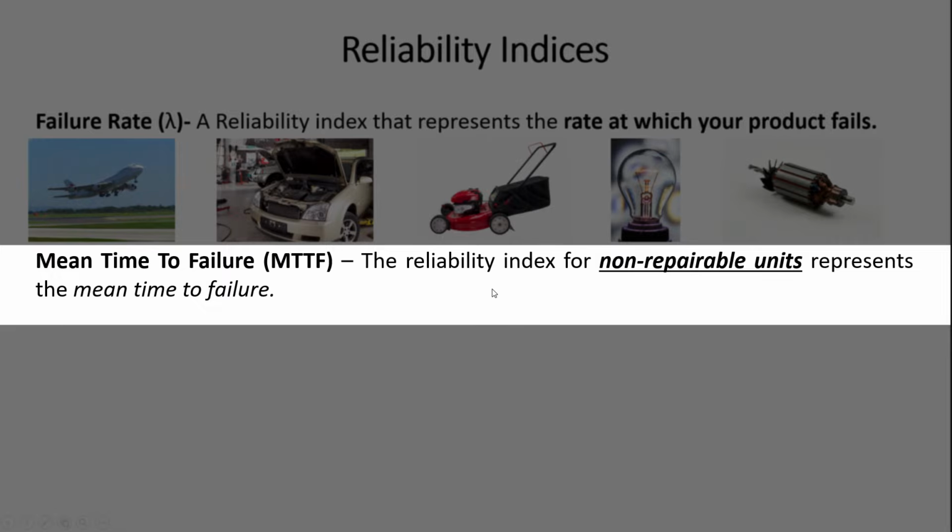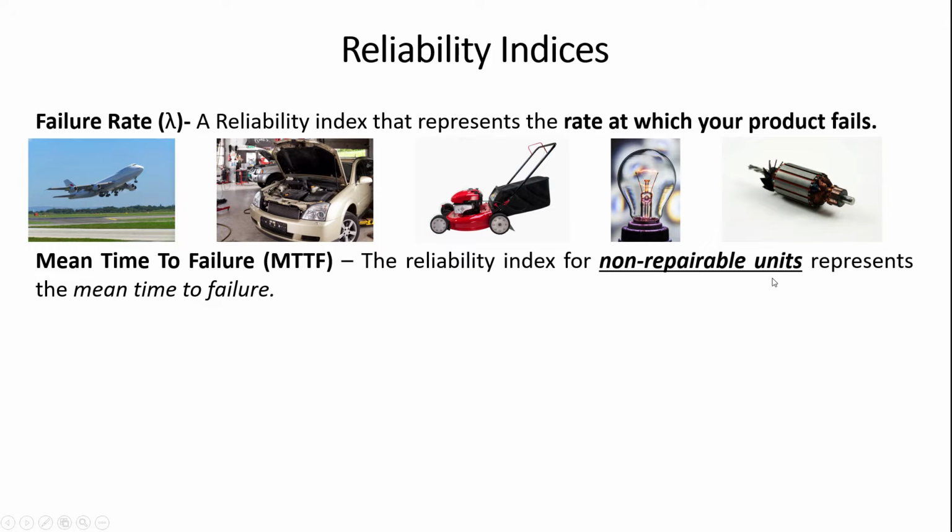Now, I want to explain this to you because this is a reliability index for non-repairable units. I want to make a huge distinction here because there are products that we make, and this light bulb is the perfect example. We make it, we start using it, we expect it to work properly for, let's say, 10,000 hours, and then when it breaks, we have no plans on repairing it. We're just going to throw it out.